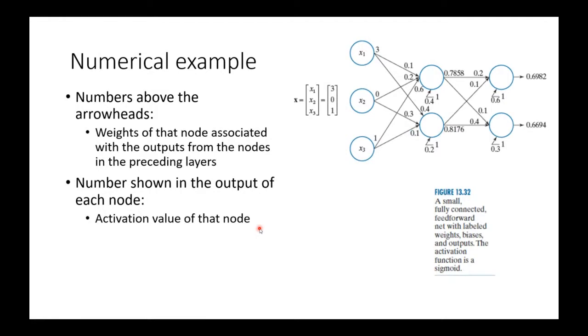We're using a simple numerical example. Let's assume that I have as input this feature vector, 3, 0, 1, and two classes, class C1 here, class C2 here. X1 is the first input neuron, then the second input neuron, third input neuron.